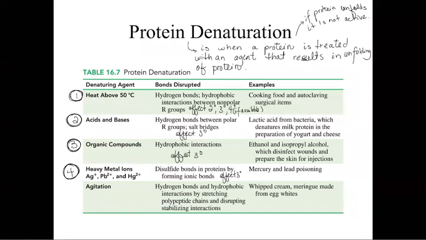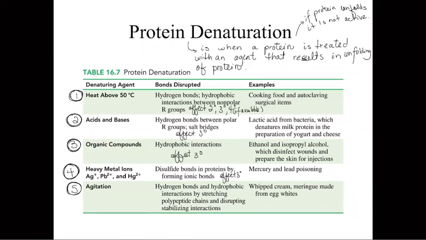The last denaturing agent that can, again, unfold proteins is agitation, okay? For example, agitation works well in baking, like if you're making meringues or frosting, it depends on what you're trying to do.